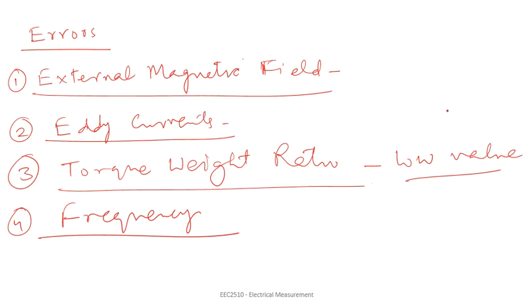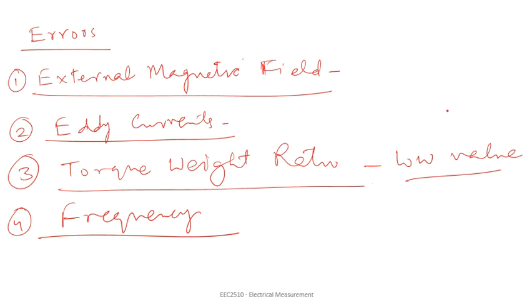In this lecture we have gone through a brief introduction to the electrodynamometer type instrument. We have discussed the difference of these instruments from the PMMC type instruments, and we have seen the circuit of these instruments when they are used as an ammeter or voltmeter.